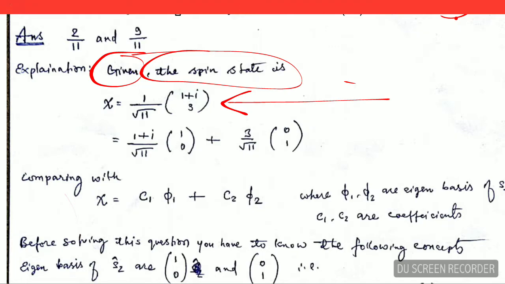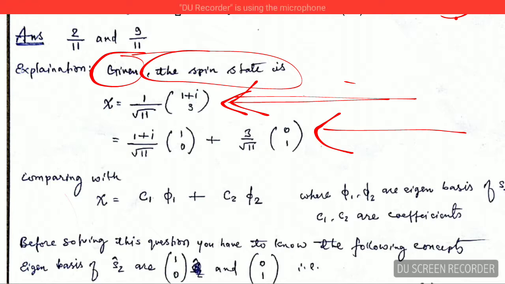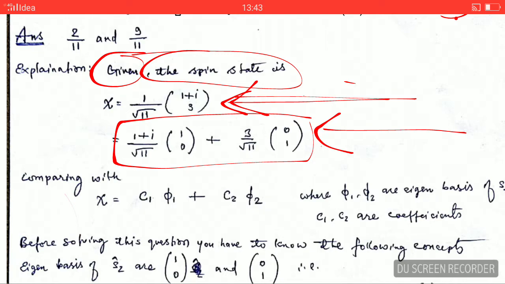Now this spin state can be written like this. If you solve this much, then you will directly get this. So I can write like this.